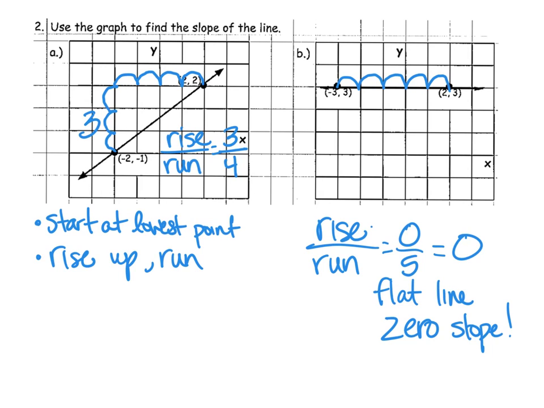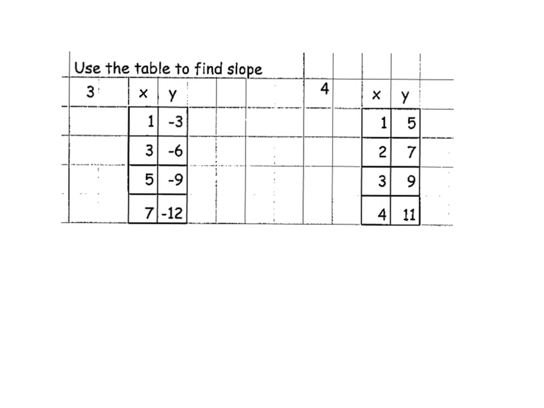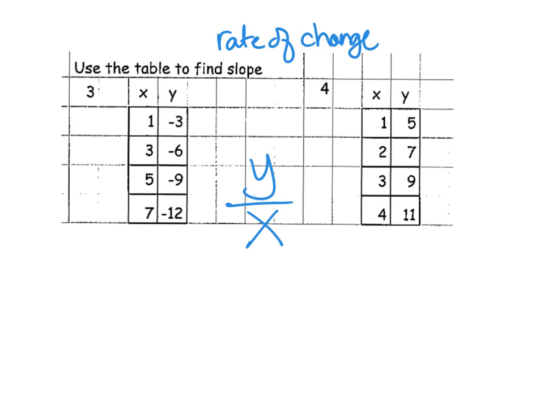All right, let's move on to the next. All right, we did this last chapter where you use the table to find, we called it rate of change. And I want to remind you, it's always y over x. So let's do that. How does negative 3 become negative 6?